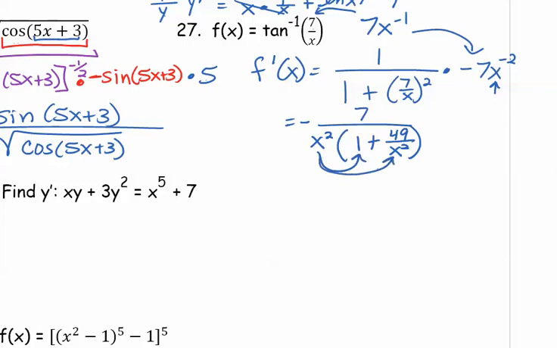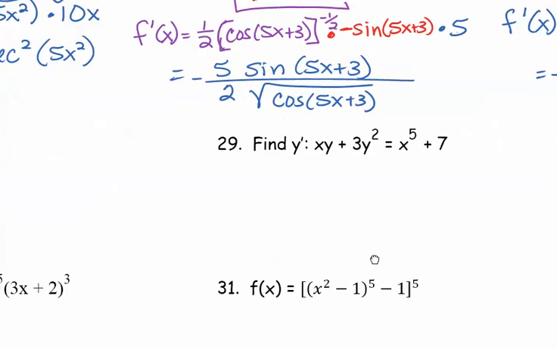Notice what happens when we distribute. So I think our best answer here is going to look like x squared plus 49 in the denominator. So when it's obvious that you can remove the complex fraction, remember we don't like to have fractions inside the denominator. All right.